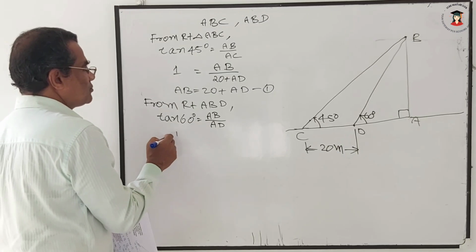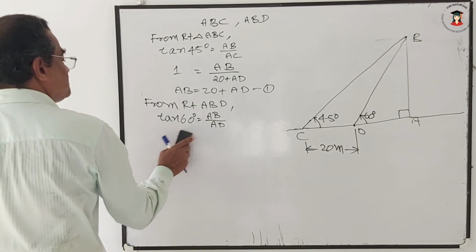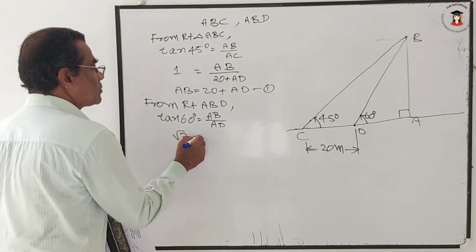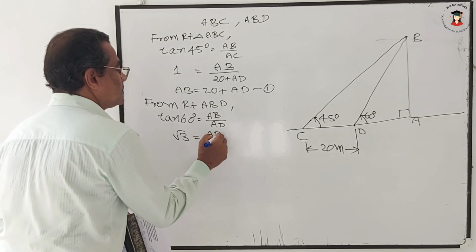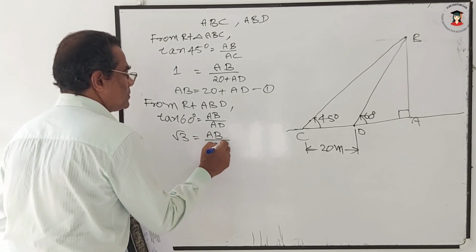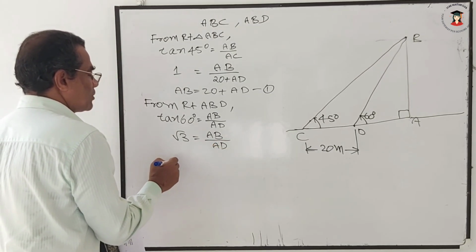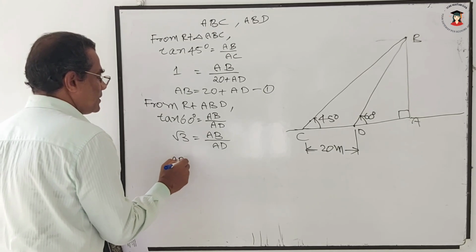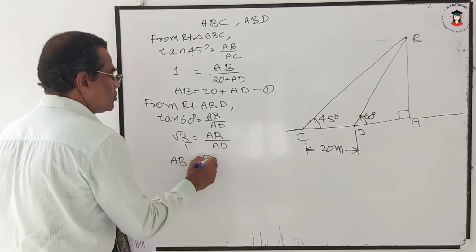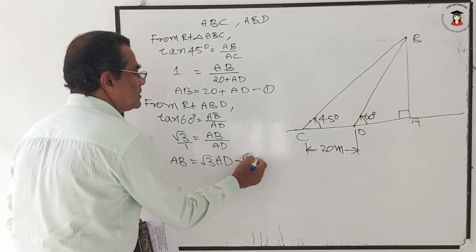Tan 60 is root 3. Root 3 is equal to the height of the tower divided by AD. So from this, the height of the tower AB, by cross multiplication, will give AB into 1 equal to root 3 AD. This is equation number 2.